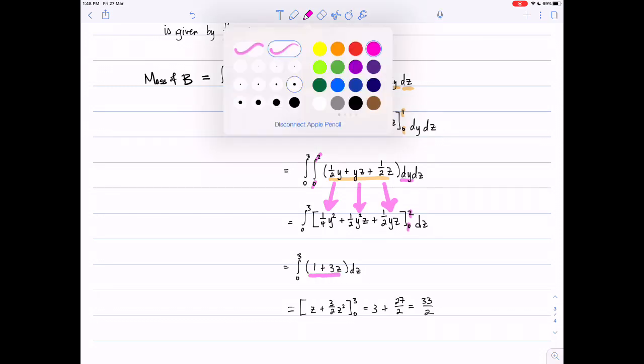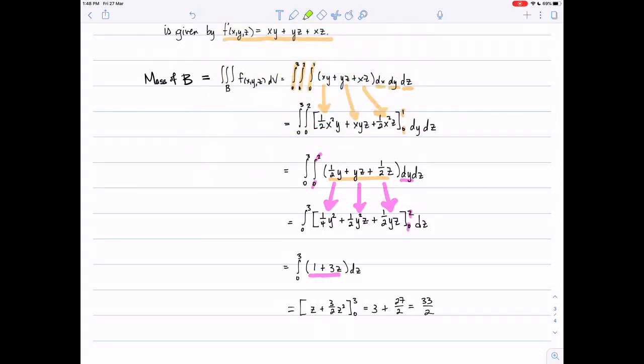And now we're in a situation that you could have been in back last year in Cal 2, a simple one-variable integral, so you're looking for the simplest antiderivative here with respect to z. There it is.